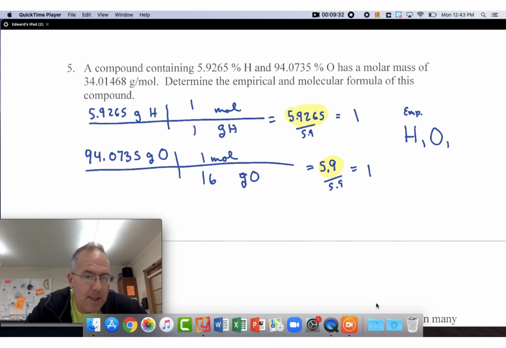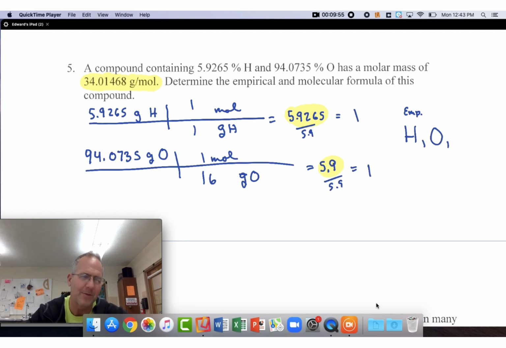That is not the molecular formula, though. All right? So how do we figure out what that is? We look up here. Yep. Let me look where we're looking. Look up here. We're going to look right here. It says that it has a molar mass of 34.01468.